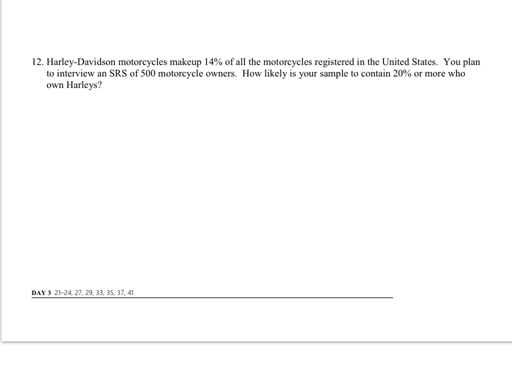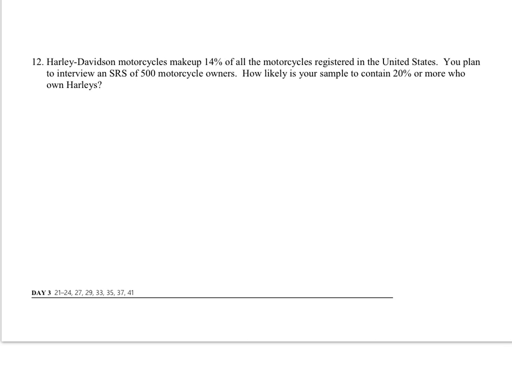Alright, so here's a problem altogether. Harley-Davidson motorcycles make up 14% of all motorcycles registered in the U.S. You plan to interview an SRS of 500 motorcycle owners. How likely is your sample to contain 20% or more who own Harleys?